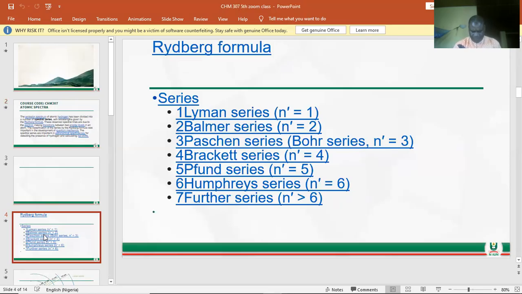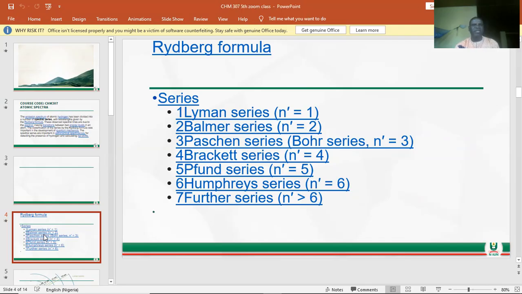Now, Rydberg tries to give a formula that relates the wavelength or the frequency, that is, 1 over lambda, which is equal to R, open bracket 1 over n1 squared, minus 1 over n2 squared, close bracket.